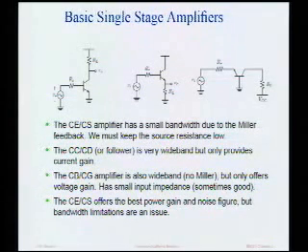How about the common base amplifier shown here? Again, common base amplifier, it's wideband. It doesn't have the same issue with the Miller effect, but it doesn't have any current gain. It only has voltage gain, so it's not going to give us as much power gain as a single stage amplifier. Now, I'm not saying that they're bad amplifiers. They're very useful. They're particularly useful when we use them in conjunction with other amplifiers.